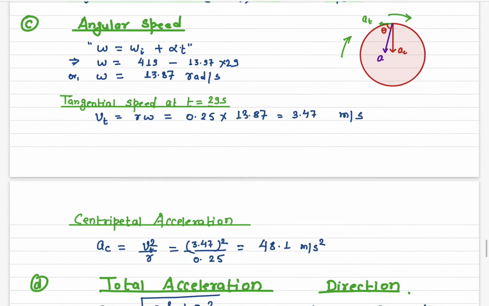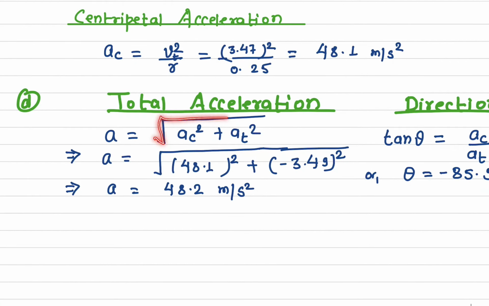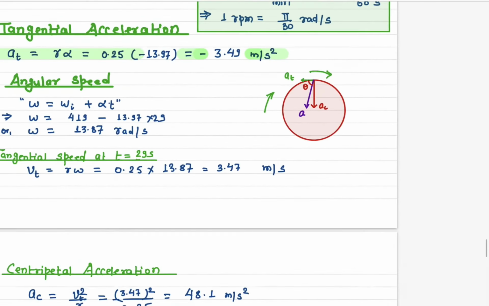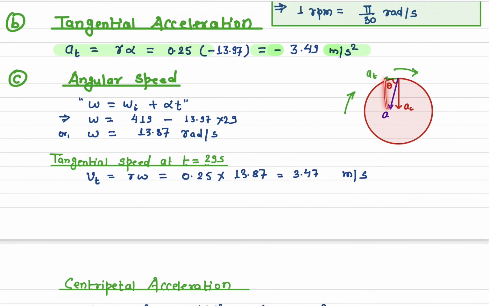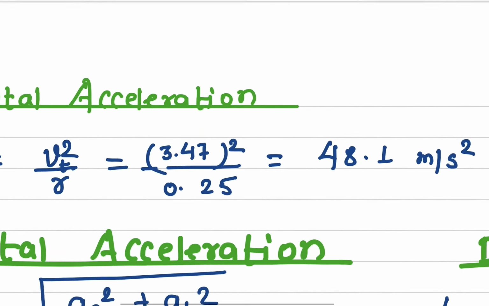So how do we find the magnitude of the net acceleration? It can be given by the square root of ac squared plus at squared. You can clearly see this is a right angle triangle. So this is the net acceleration, and it is the square of this term plus the square of the tangential acceleration, then take the square root.